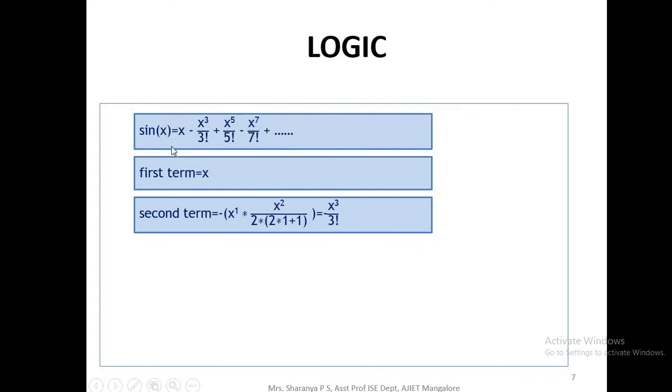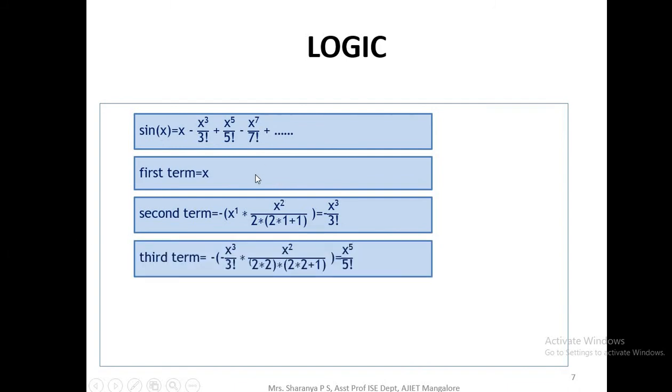But by referring to the previous number, we can write this x cube divided by 3 factorial as x to the power of 1 into x squared divided by 2 into 2 plus 1. That is, all together, it will be 3 factorial. This is how x cube divided by 3 factorial is obtained. Next, coming to the third term, here it is x cube divided by 3 factorial and x squared divided by 2 into 2 plus 1 into 2 plus 1 and so on.